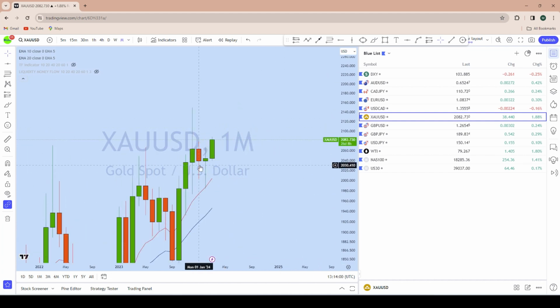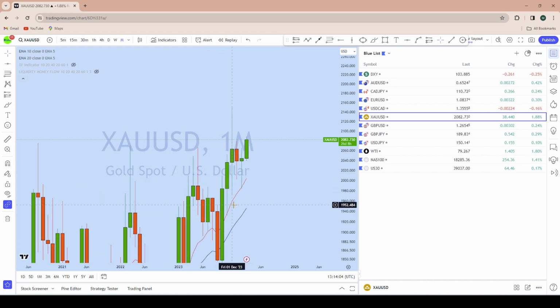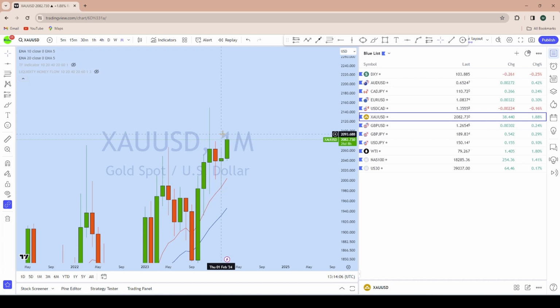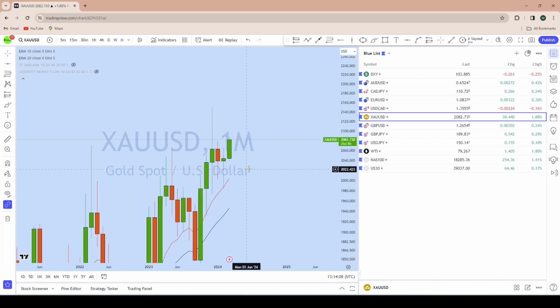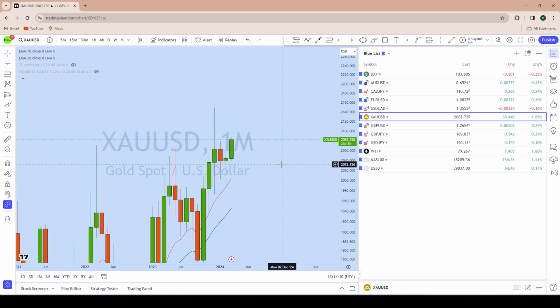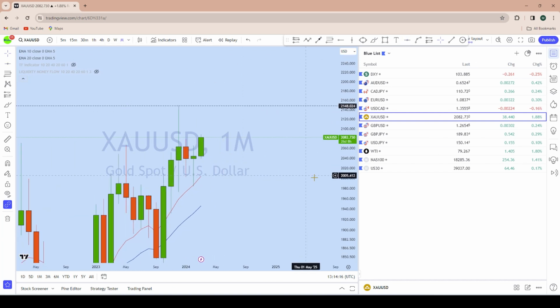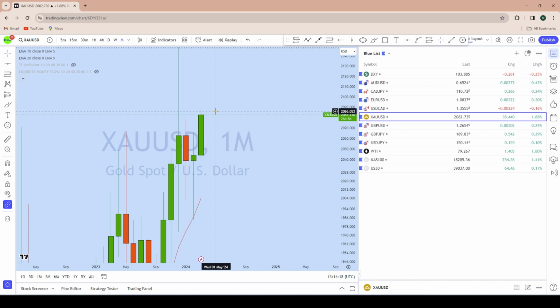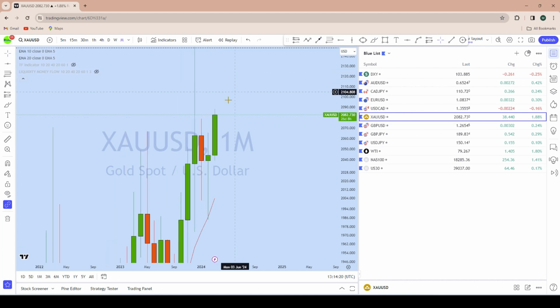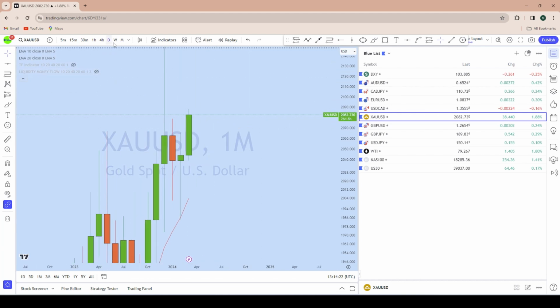As you can see, after this red candle the market has dropped down, but the sellers couldn't create any new lower low. Instead it has formed a bullish doji, which we could see eventually going back up to create a new higher high. So with that being said, this is the monthly price action. We might see a deeper pullback before bouncing back to the upside.